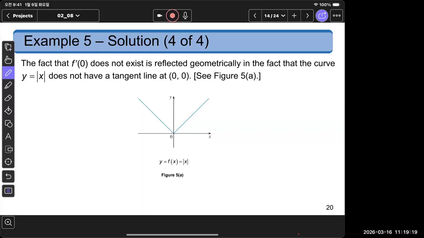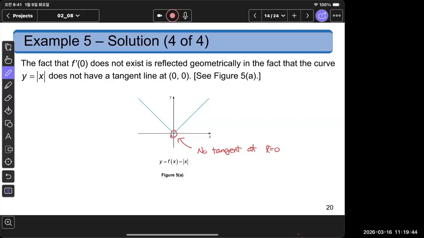As I said, the tangent line must touch the graph. But we cannot find such a tangent line at the origin. So no tangent line at 0. Right?